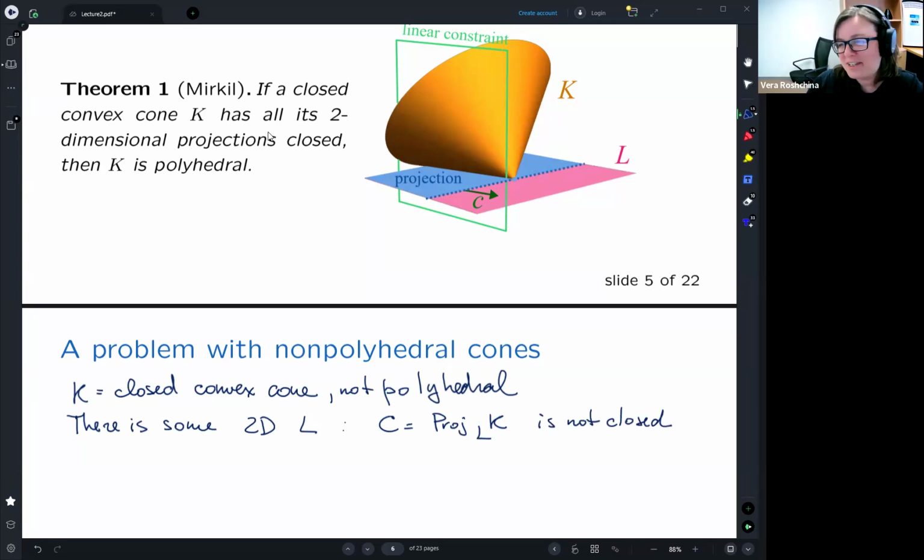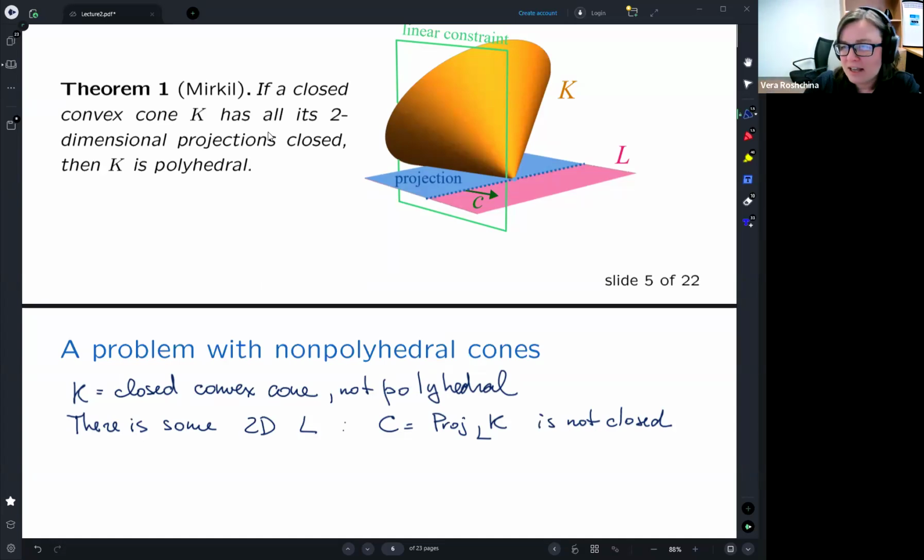Okay, so you see the picture here, right? Actually, it's a very basic example. I have a second-order cone, or a circular cone, and I'm projecting it onto this two-dimensional subspace that is touching its boundary somehow.